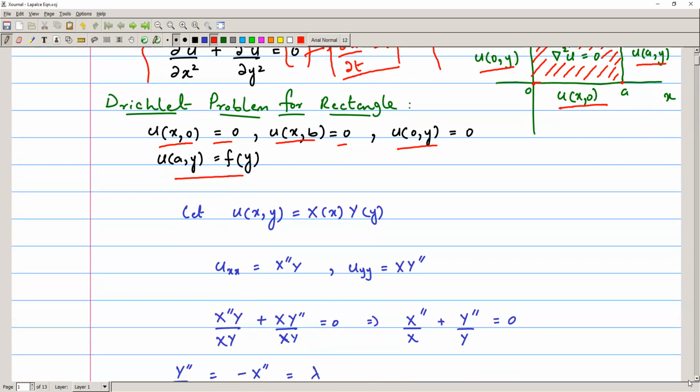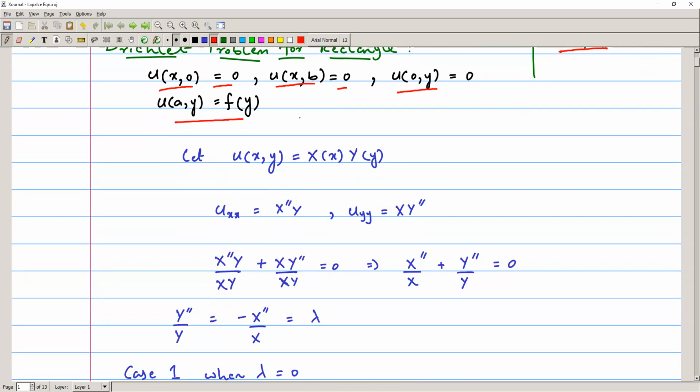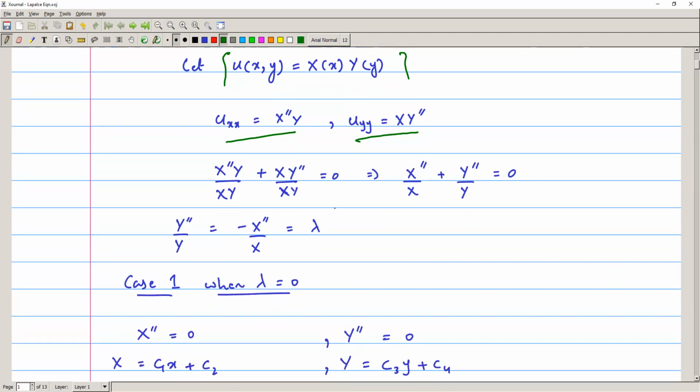We already know how to construct the formulation. So here is the separation of variables. The temperature u is a function of x and y, that is equals to X times Y. We will find the partial derivatives u_xx and u_yy, and then we'll construct the equation accordingly, and then we come up with Y double prime over Y is equals to negative X double prime over X is equals to lambda, right?